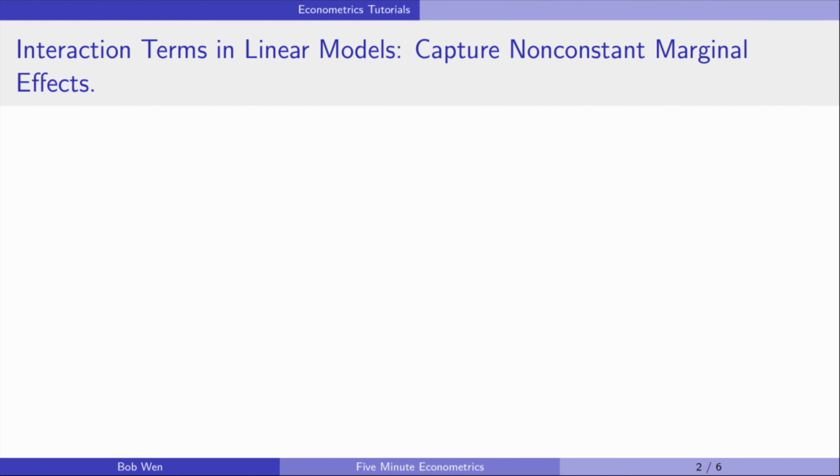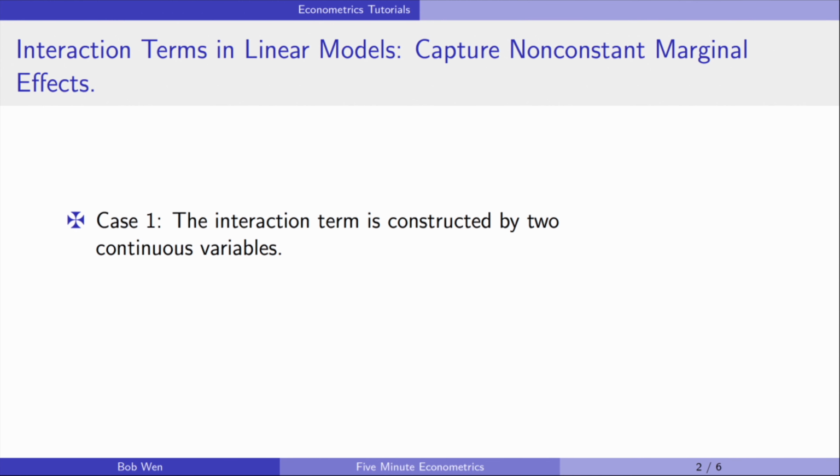When the explanatory variable we are interested in is a continuous variable, we can use the interaction term to capture a non-constant marginal effect of the variable of interest on the outcome variable. In other words, the marginal effect is allowed to change.